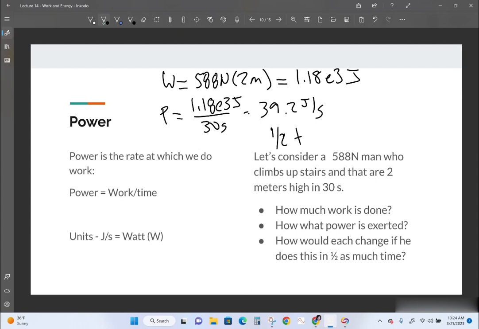then the power would be exactly the inverse of that, which would be 2 times as much. So you would have to do 2 times as much work.